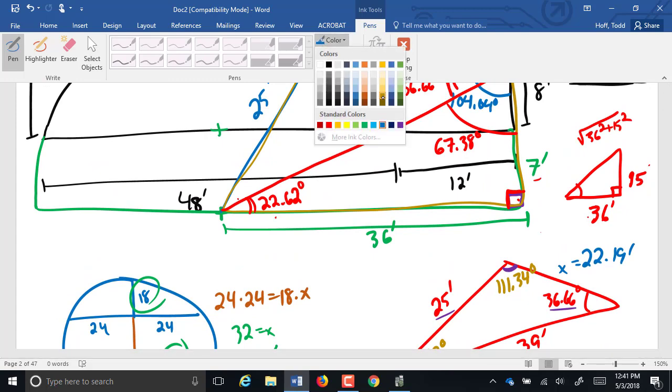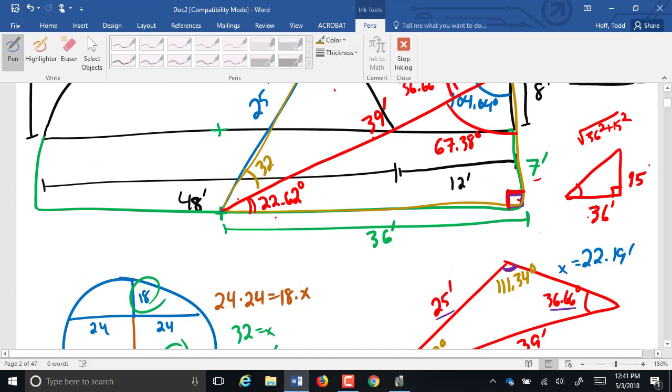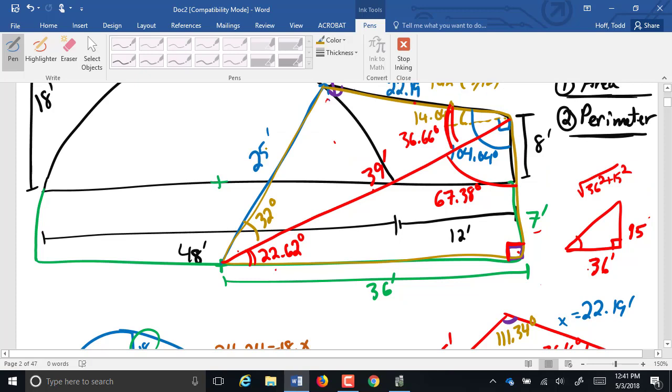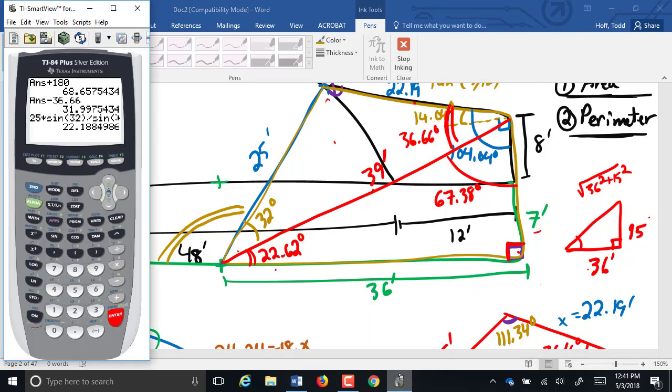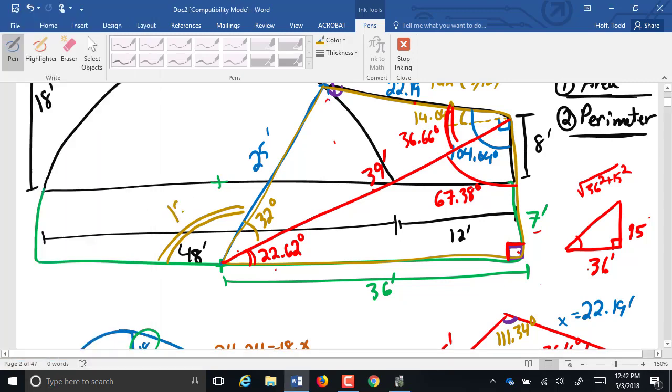So back here up on this picture, this is 32 degrees. What does that tell me about this angle right here? Yes. 180 minus those two angles is 125.38.